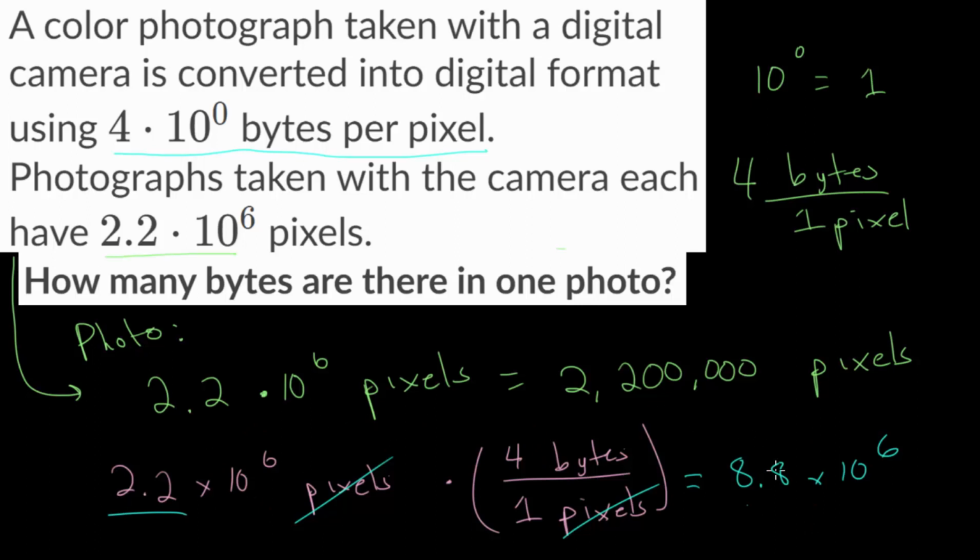But 4 times 2.2 won't change the power since we did not go past 10 for this coefficient. So our final answer is that in one photo, there are 8.8 times 10 to the 6 bytes, or 8.8 million bytes.